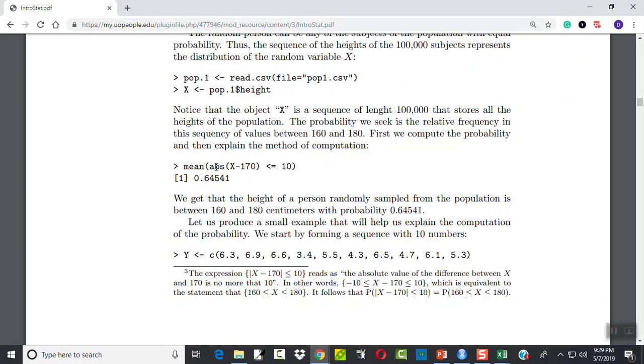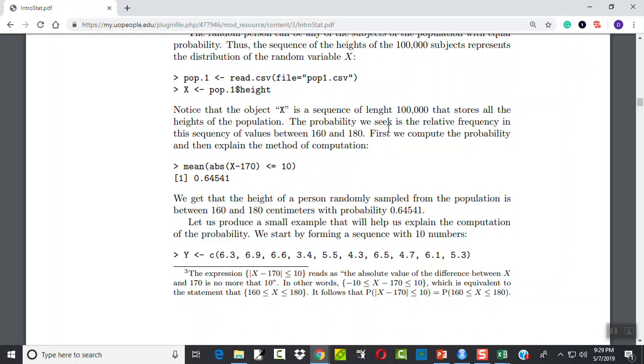That's an interesting calculation. Notice that the object is a sequence of length, spelled wrong, 100,000 stores all the heights of the population.